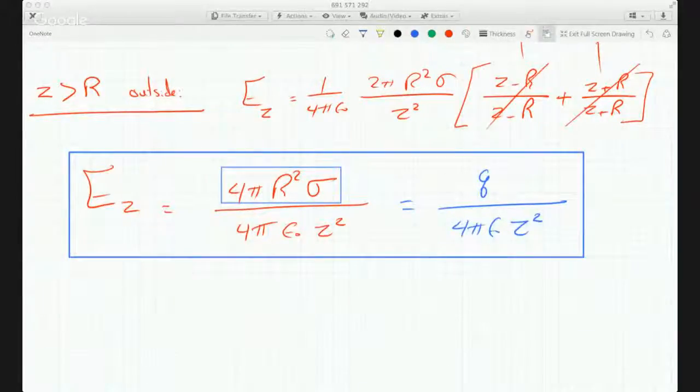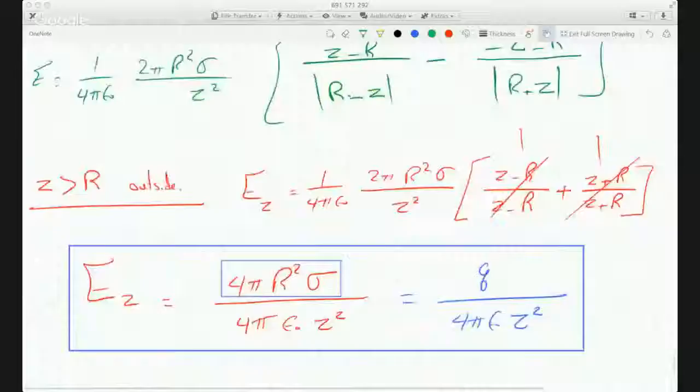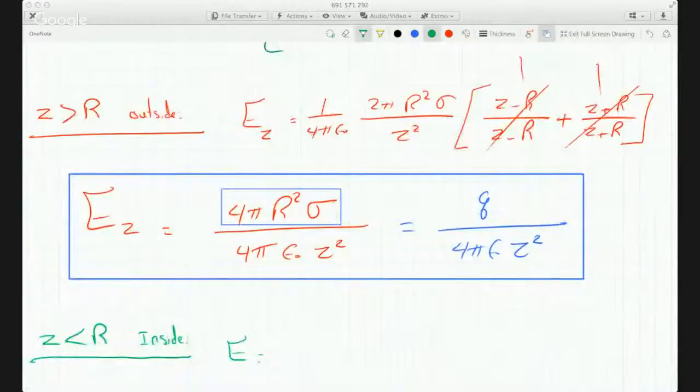And now let's take the second case. When z is less than r, that means you are inside the shell. Well, what do you expect E to be inside a conductor? 0. So let's find out if we're going to get 0, because if we don't, that means something is wrong with our expression.